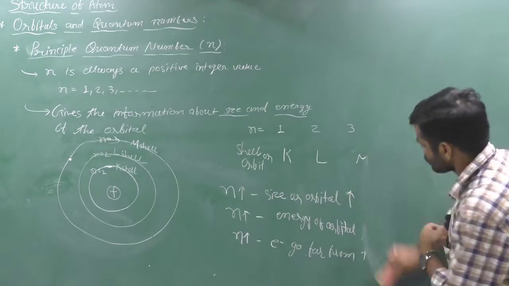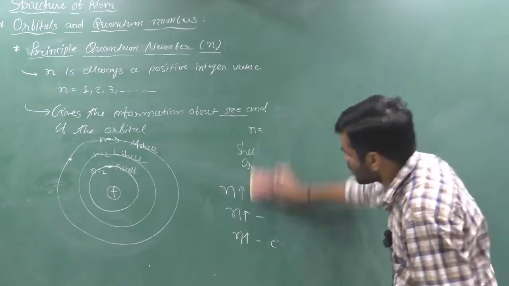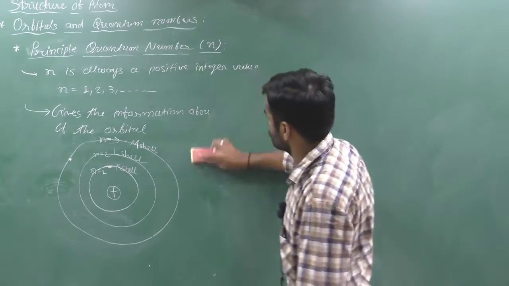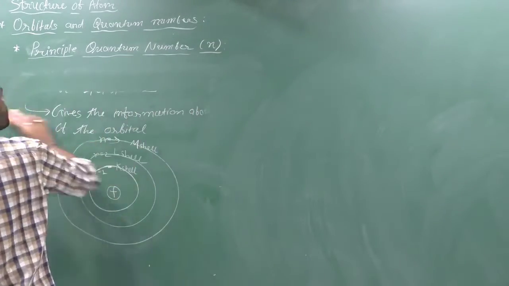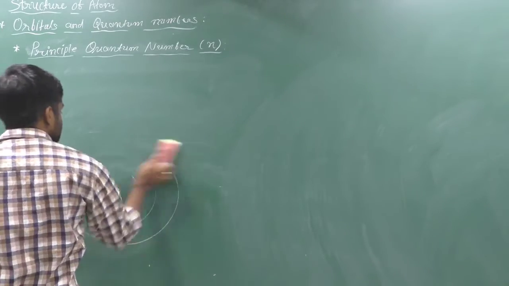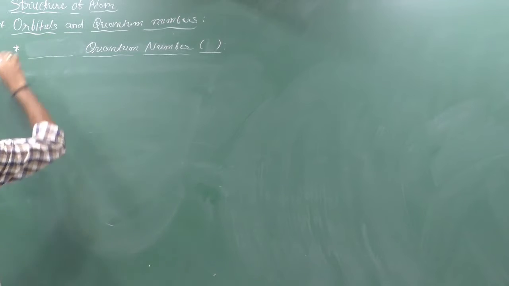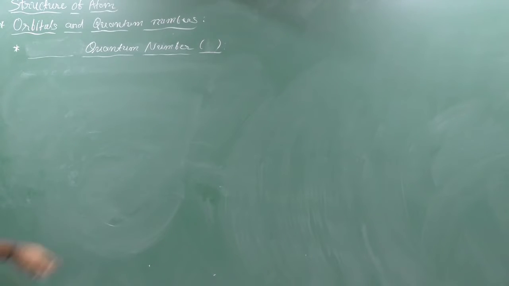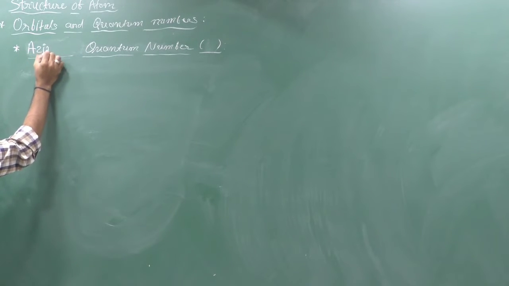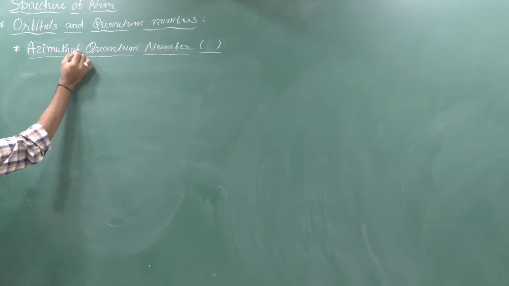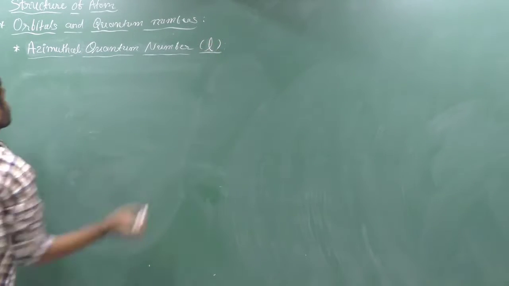Clear? Now we can think about the second quantum number, which is l. The name of this quantum number is azimuthal quantum number, which is denoted by small l.